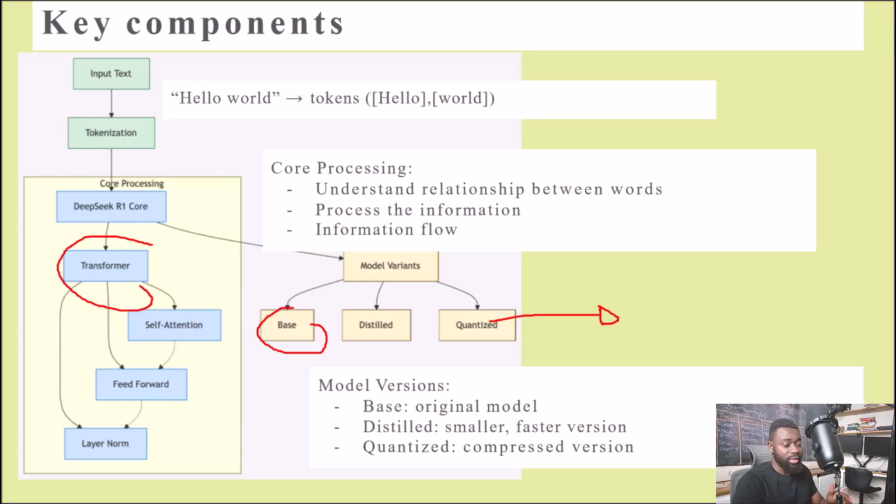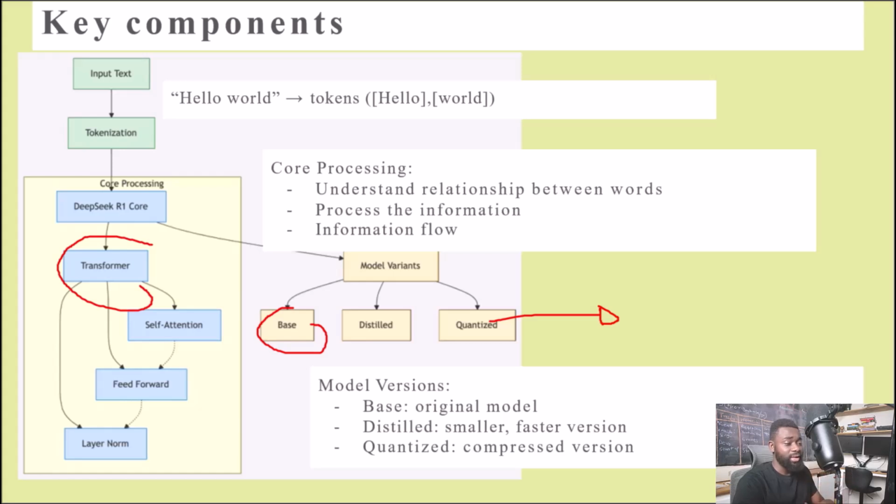When we talk about feed-forward networks, these do the processing of data, using what we call fully connected layers. We don't have to go into too much detail, but that is the idea.